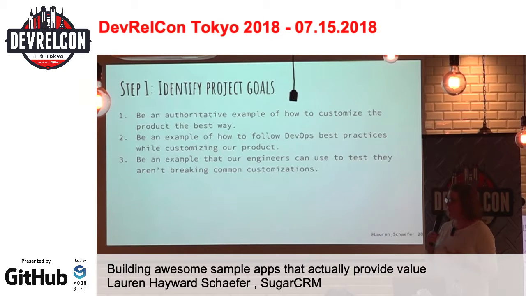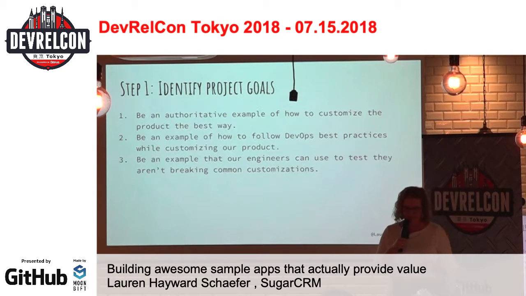So these partners don't always have time to create DevOps infrastructure and tooling, and so we wanted to make it really easy for them to create high quality customizations. And finally, we wanted this example to be an example that our engineers can test so that they aren't breaking common customizations.